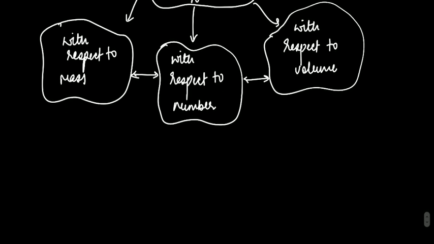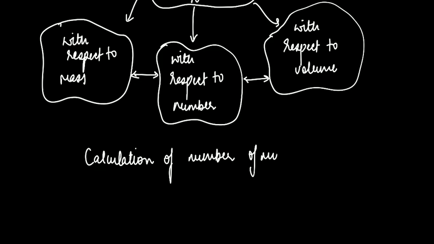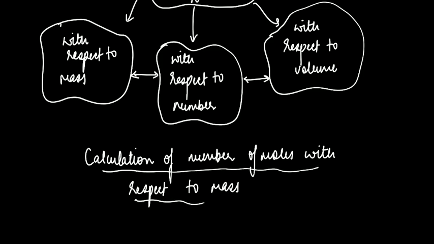So when we say calculation of number of moles with respect to mass, the mass that we are talking about is the same mass that we discussed in 1 to 20 atomic number, individual element masses.